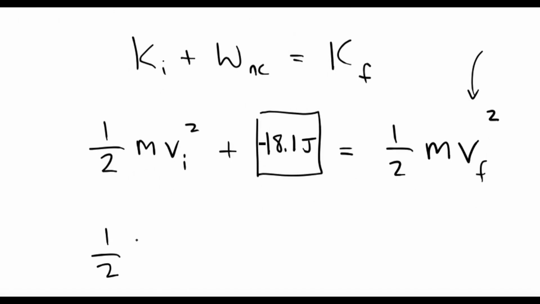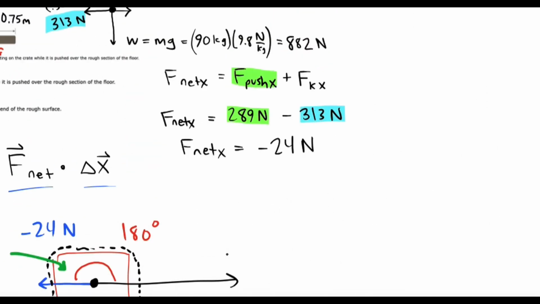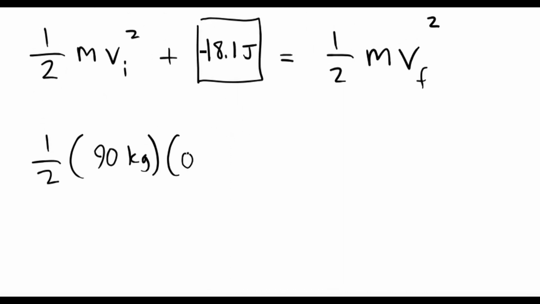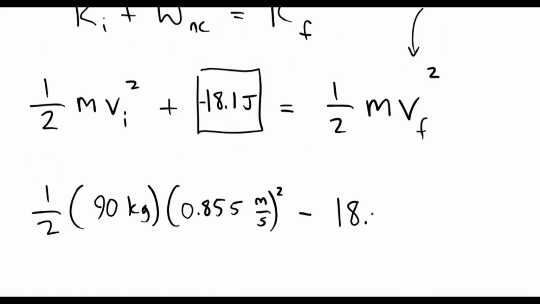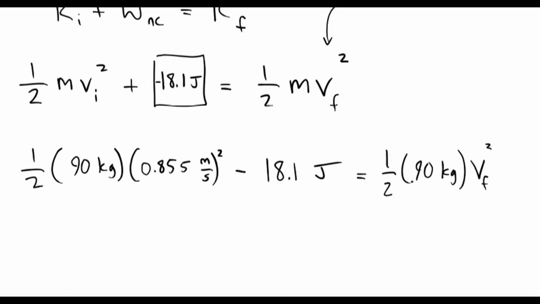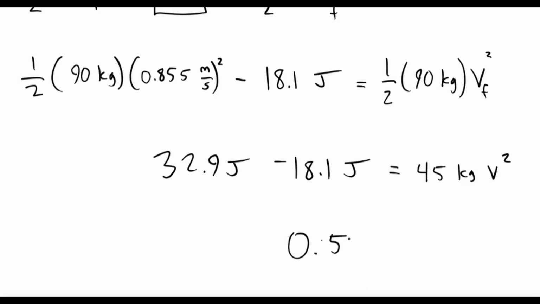So the mass of the crate was 90 kilograms. Initial speed, 0.855. Plug in your 90 kilograms again, and then just solve for v final. I think it's 0.573 meters per second.